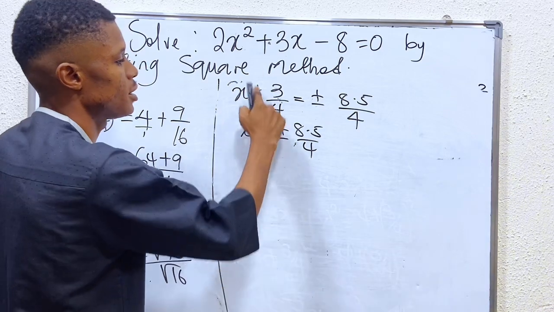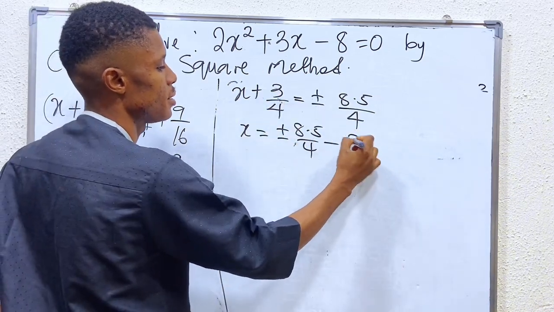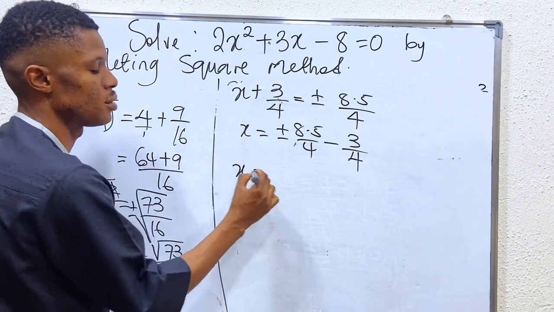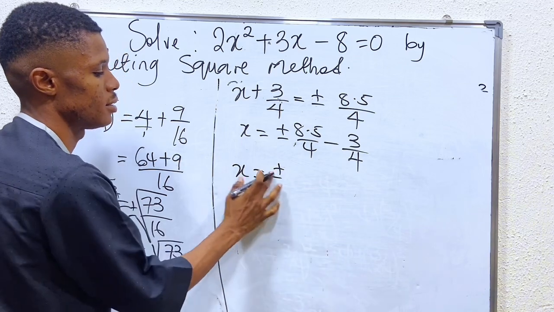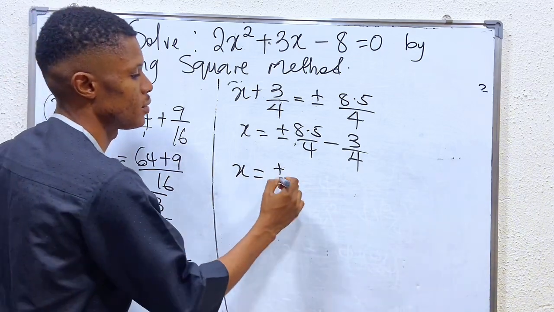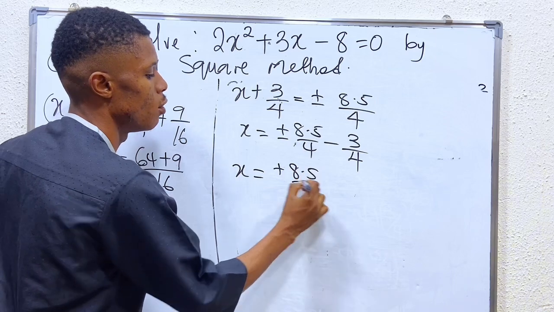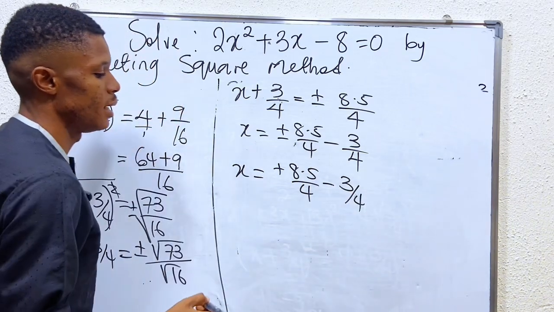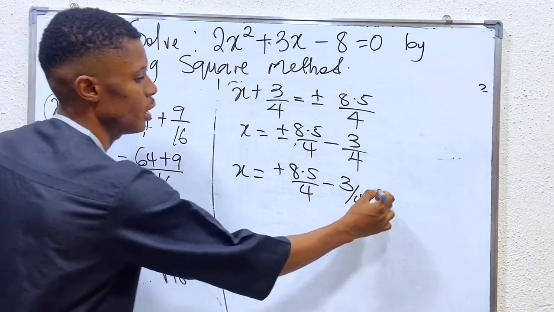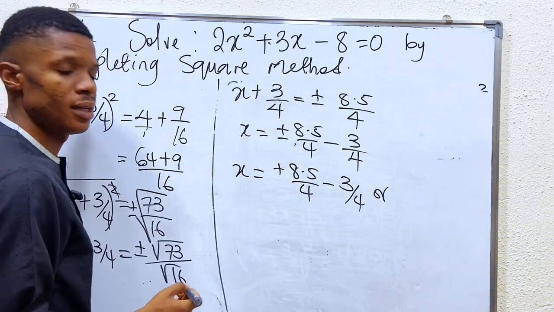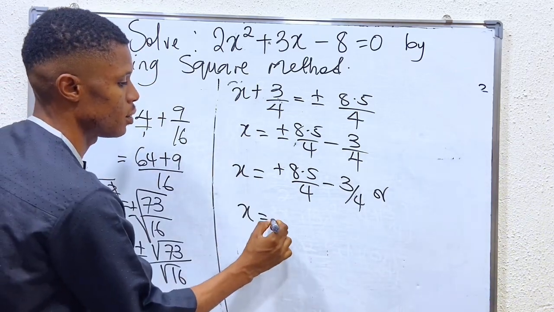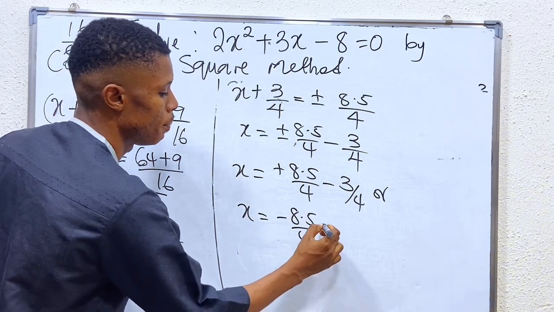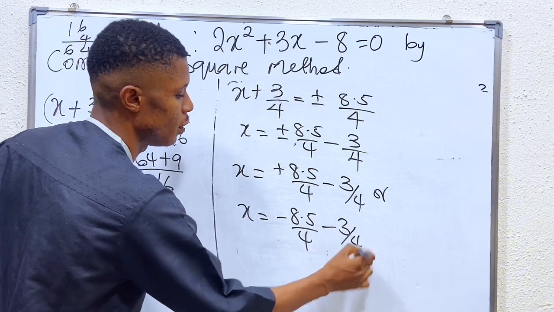Then minus 3 over 4 crosses the equality sign. So x is equal to plus or minus the square root of 73 over 4, minus 3 over 4. Let's take the positive solution: x is equal to root 73 over 4 minus 3 over 4. For the negative value, x is equal to minus root 73 over 4 minus 3 over 4.